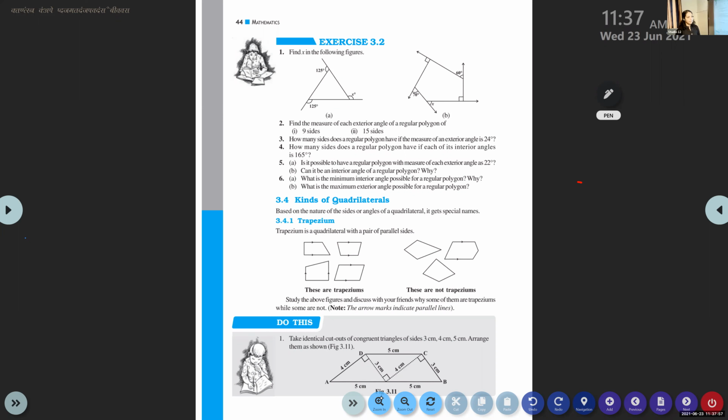How did you understand? The smallest polygon is a triangle. Yes, very good, because the least sided polygon is triangle.